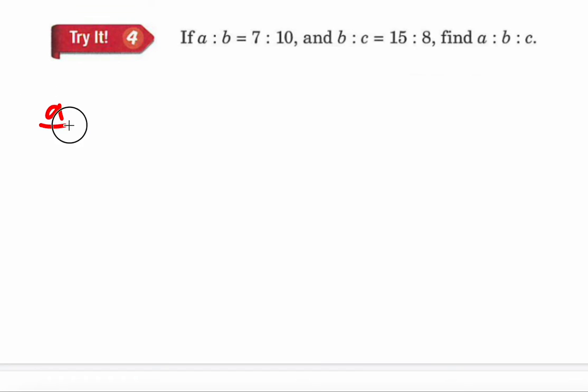All right, so again, I'm going to write my ratios as a fraction because it'll be easier for me to compare the numbers. So A to B is 7 to 10, B to C is 15 to 8. Again, they both have this B in common, which is 10 and 15.